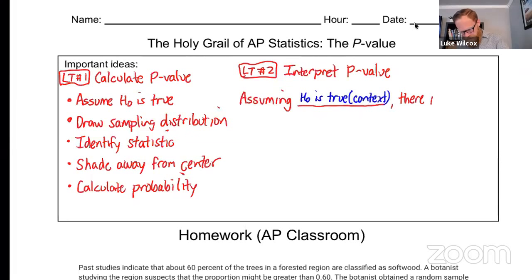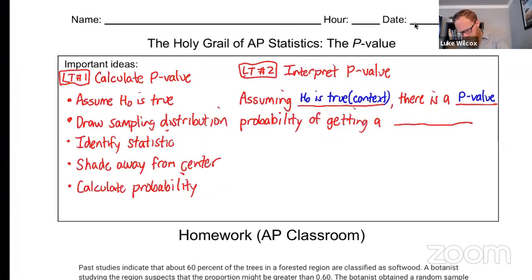There is a, and then blank, this is where you're going to input whatever your p-value is that you calculated. There is a, whatever the p-value is, probability of getting a, and then you're going to have to fill in the blank here again. And what's going to go in this blank is whatever your observed statistic is from your sample or from your experiment.